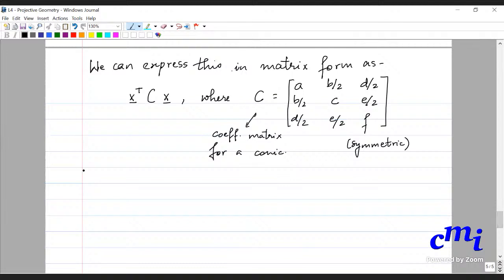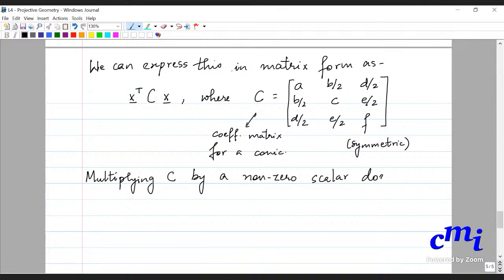Multiplying C by a non-zero scalar does not affect the equation of the conic.